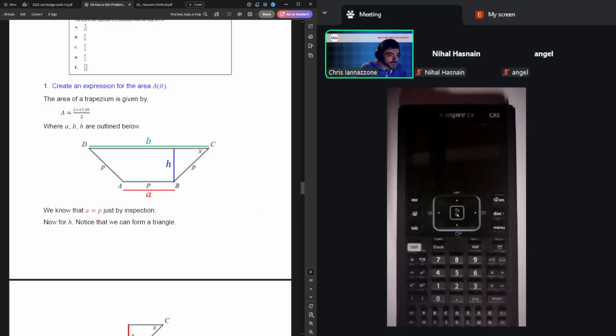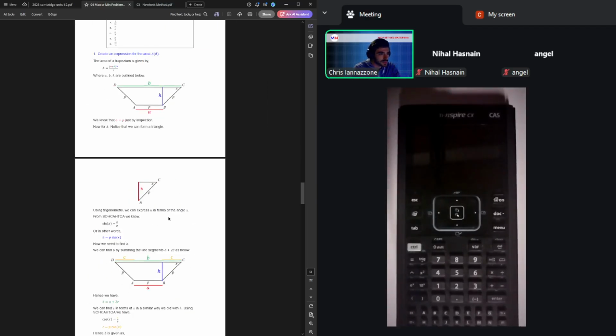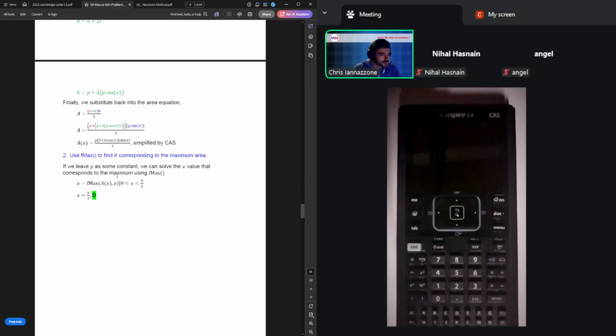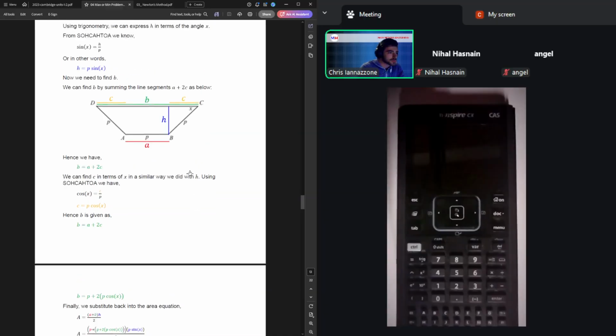If you had 0 degrees, you would have a straight line, because there's no angle for it at all. And so anything beyond that doesn't end up being valid. And so pi on 3 is what we end up with.